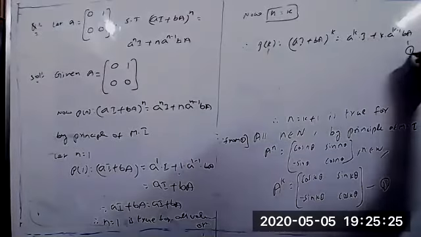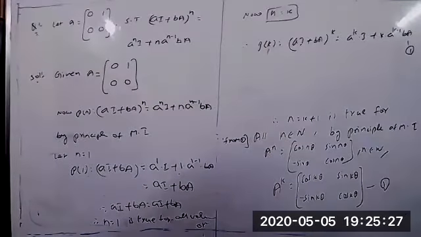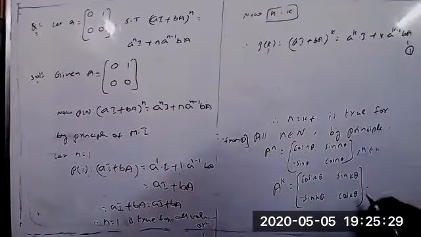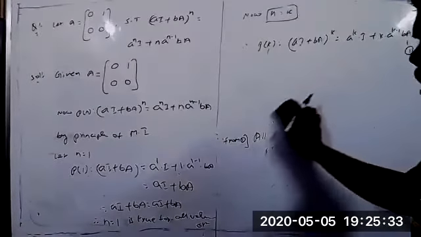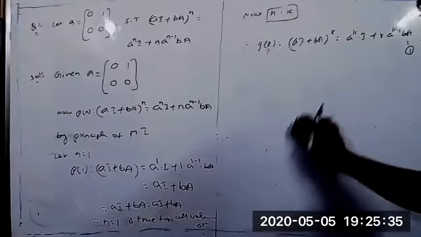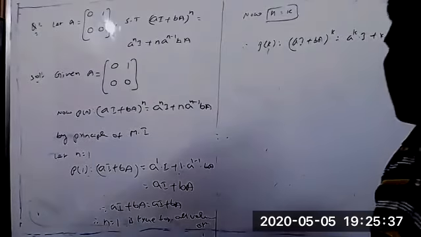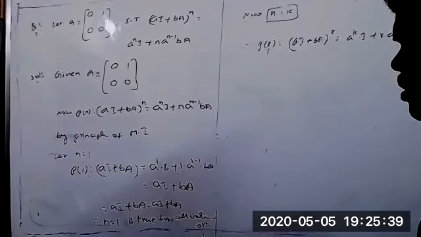This is the first equation. Remember, whenever it is true for k, we have to prove that k plus 1 is also true.